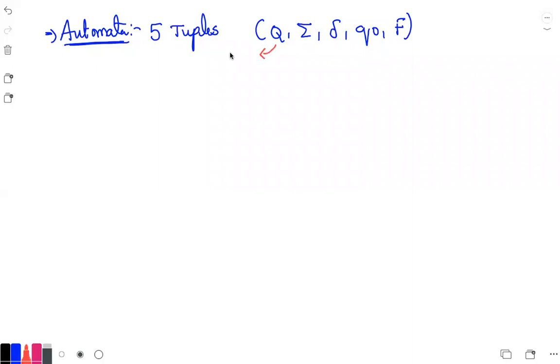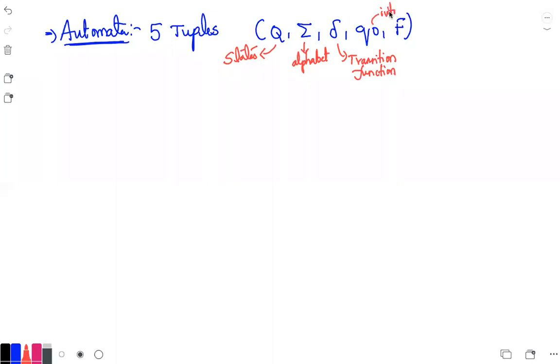Q stands for states, the states in the automata. Sigma is the alphabet, the input. Delta stands for transition function. Don't worry, I'll explain one by one in detail. So delta is the transition function.